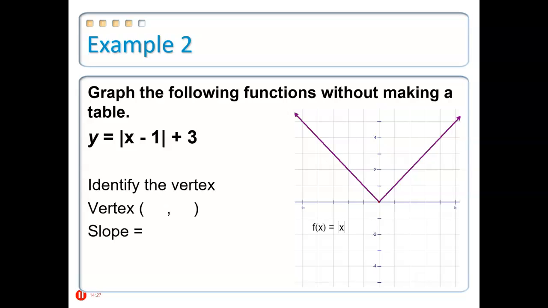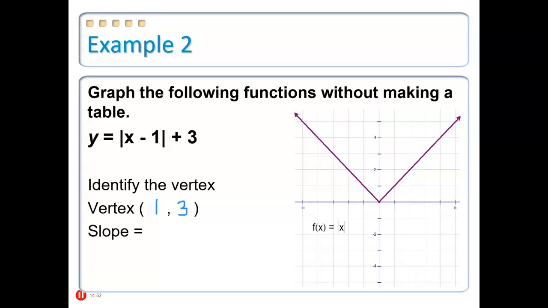Okay, graph the following functions without making a table. So the vertex is negative 1 inside, so it's a positive 1 on my vertex. The plus 3 tells me up 3. And my a value is once again 1.